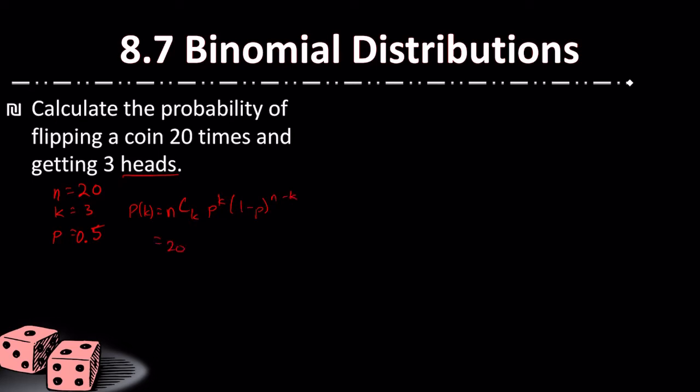So n is 20, k is 3, p is 0.5, and 1 minus p, which is 0.5, is raised to the n minus k. And you know what's great is you can just dump that all into your calculator and get 0.00109, which is pretty low.